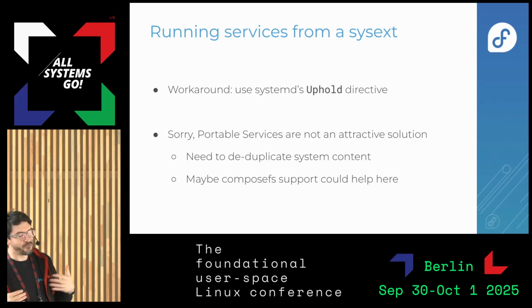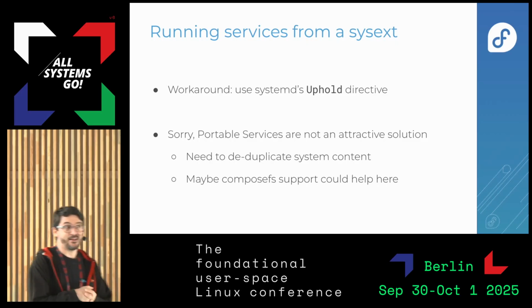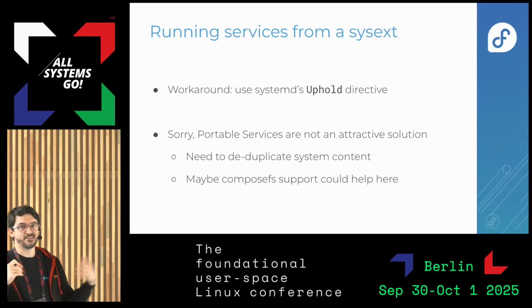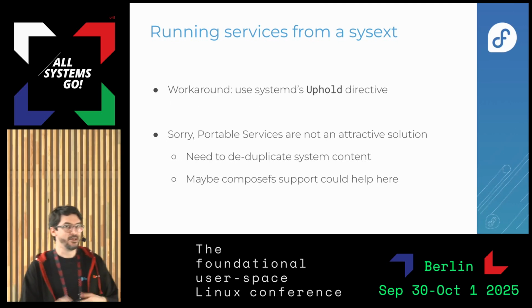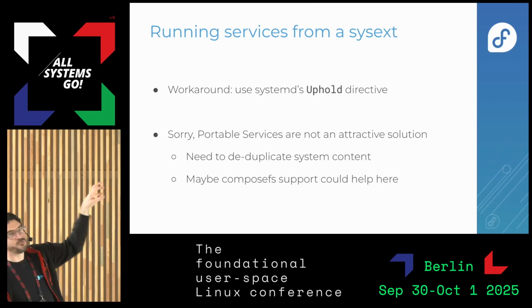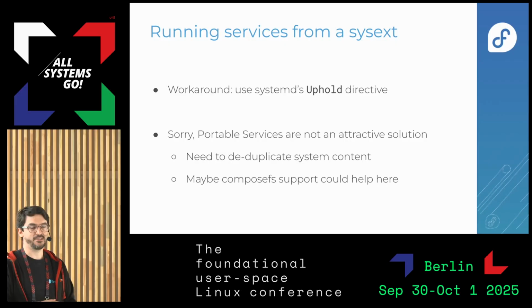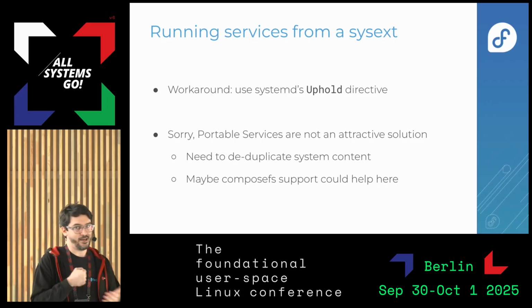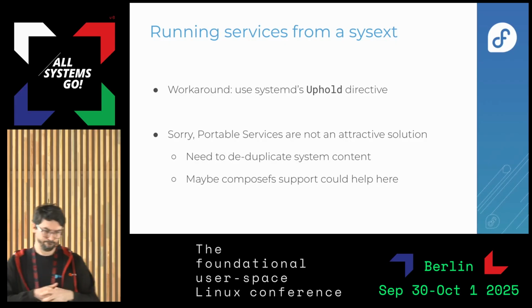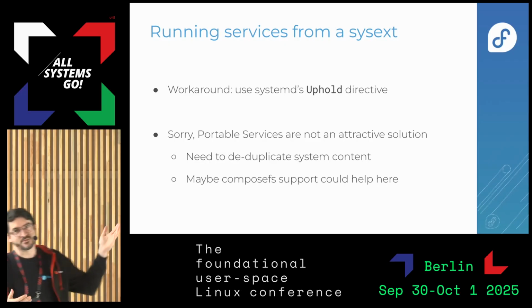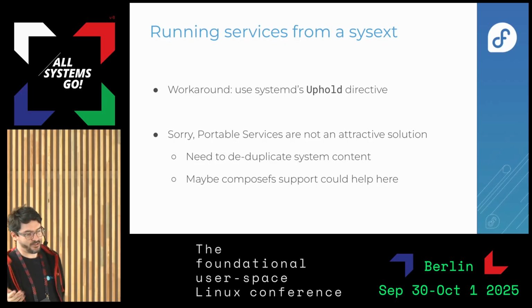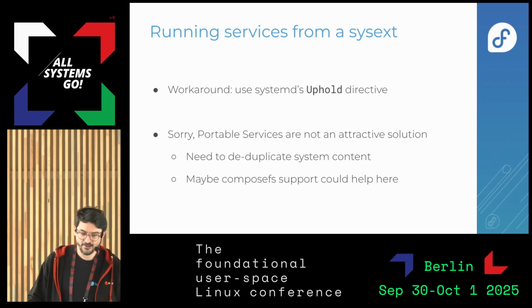So we still want to run services from Sysexts. Right now, when you're booting up, the Sysexts won't get picked up by systemd unless you do some workarounds, like using a specific systemd directive to still trigger and have this service be started. So that works, but it's a workaround. Maybe we could do something better. I don't know. We'll see.